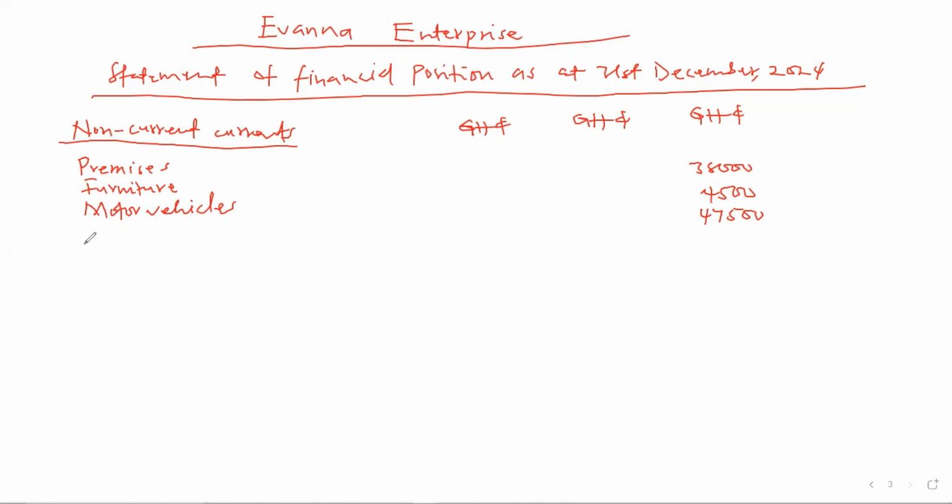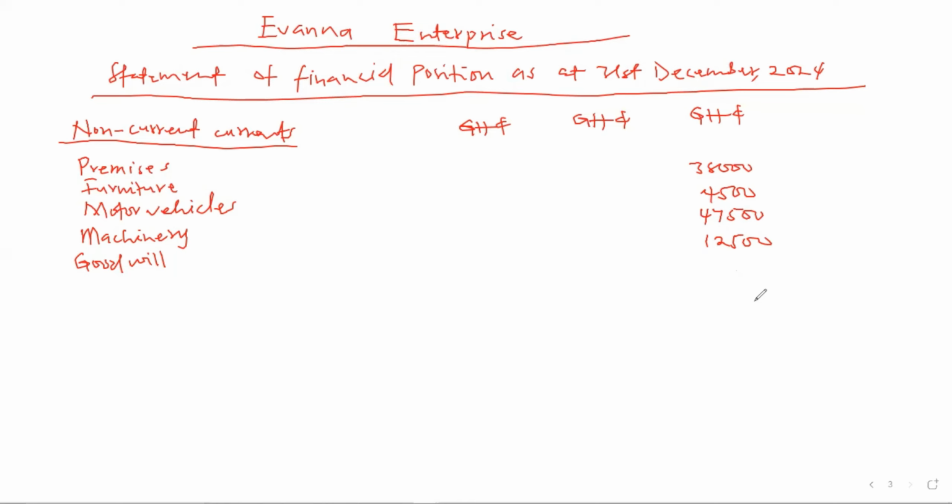Then you come here, you see machinery, which is also a non-current asset. Machinery is 12,500. Then the last one we see is goodwill, which is also a non-current asset. It is an intangible asset.